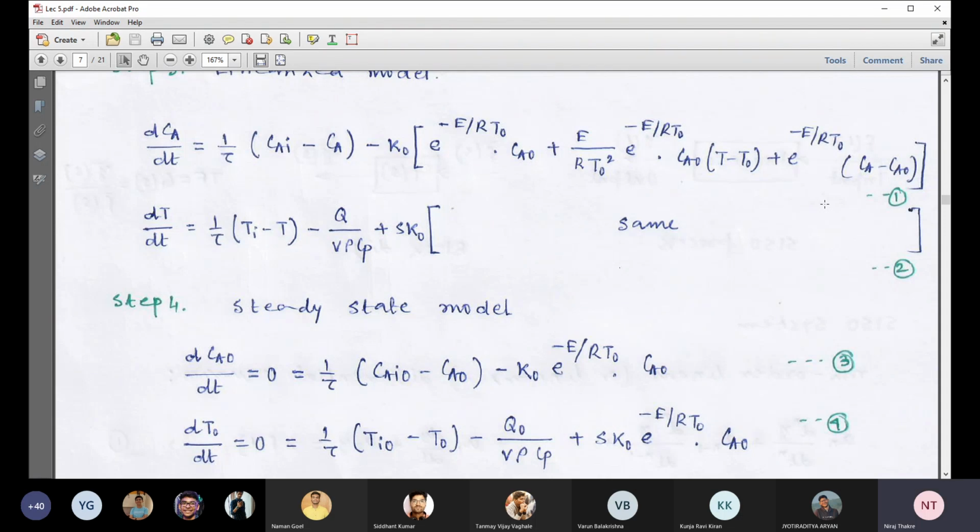Accordingly, we write the steady state model equations represented by equations 3 and 4.